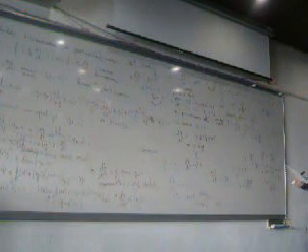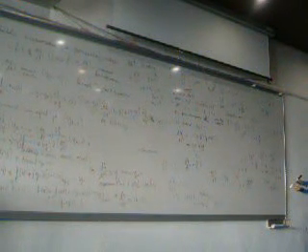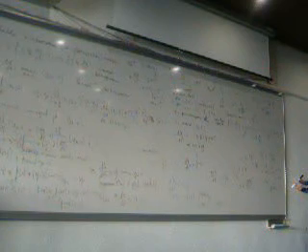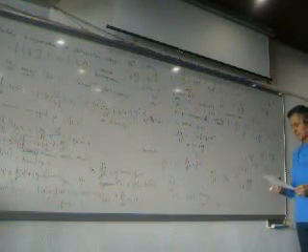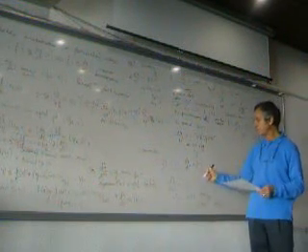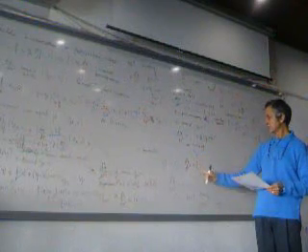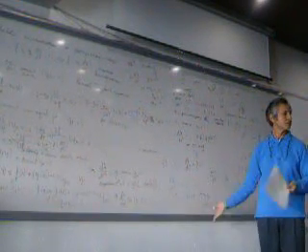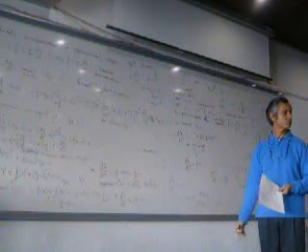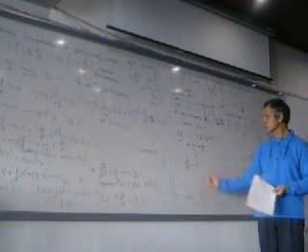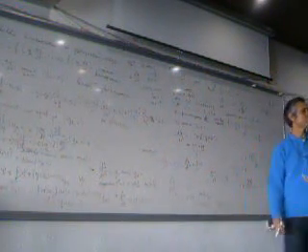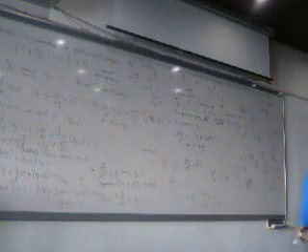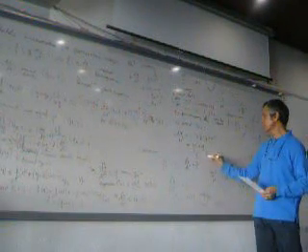And what do you conclude from here? This is a positive number here, so you basically get what? One of the roots is positive, right? So you get the square root of some positive number, so one of the roots is positive.